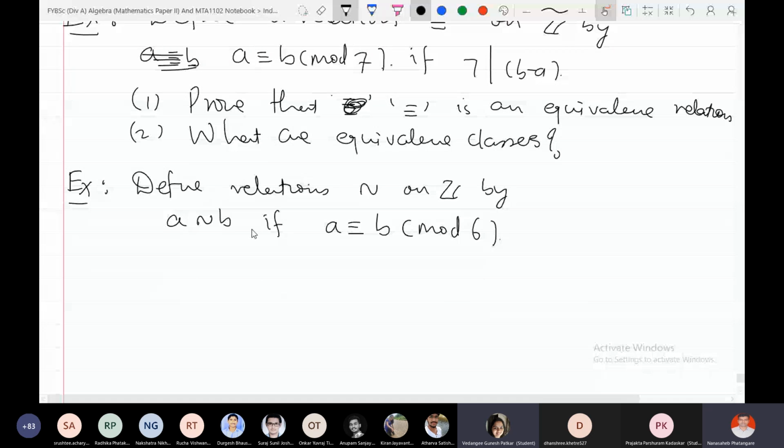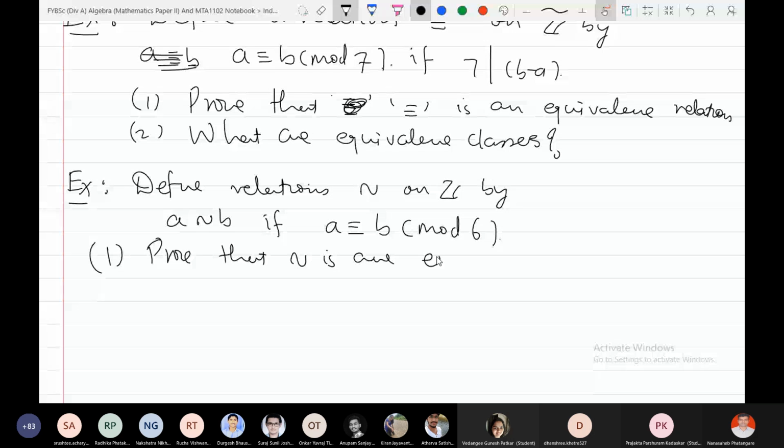And therefore A related to B if 6 divides B minus A. Now prove that this relation is an equivalence relation. The previous exercise and this exercise are actually the same, but I am using different words so that you can understand what the meaning of congruence is.